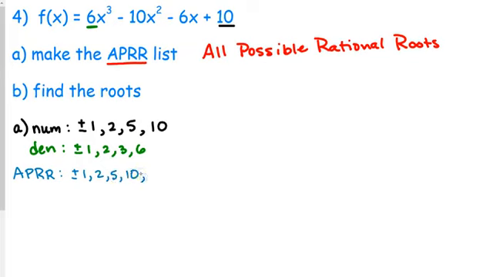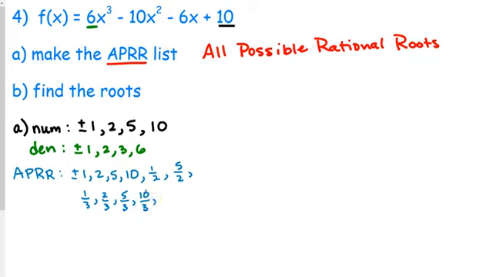And then all the numerators over 2, so plus or minus 1/2, 2 halves, which is actually just 1, and it's already in the list, 5 halves, and 10 halves, which is actually just 5, and it's already in the list. And then let's put all the numerators over 3, so we have 1/3, 2/3, 5/3, and 10/3.